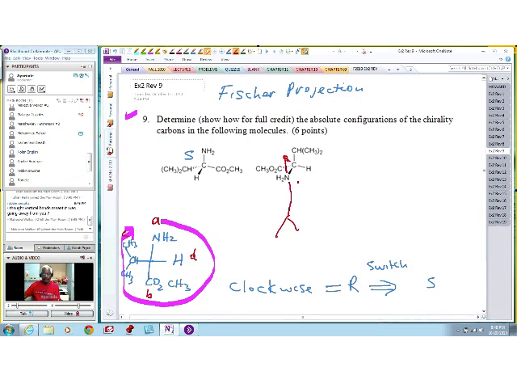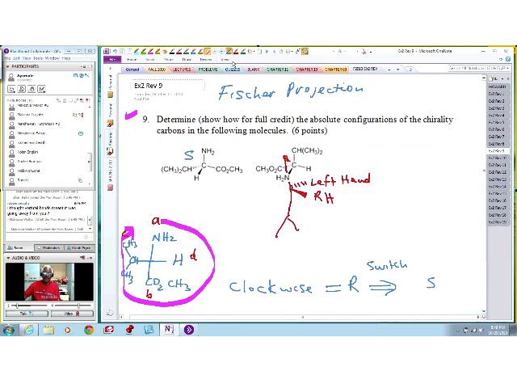This is my left hand, and this is my right hand, just to give you a reference as to where I am standing and looking at this carbon here.